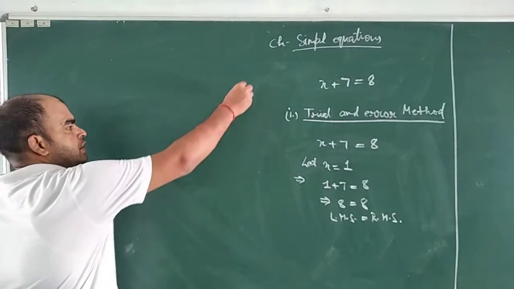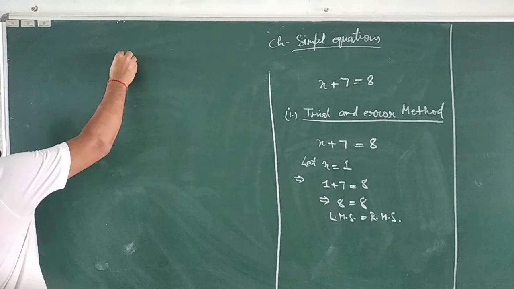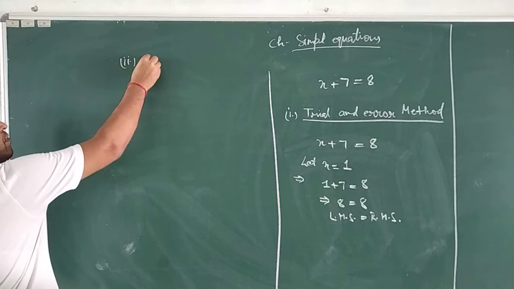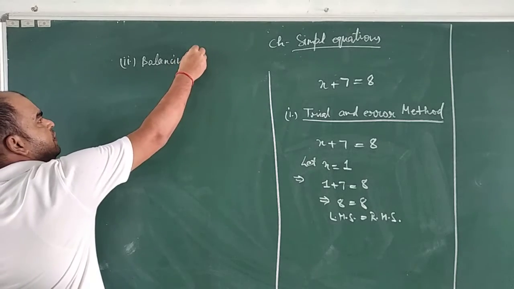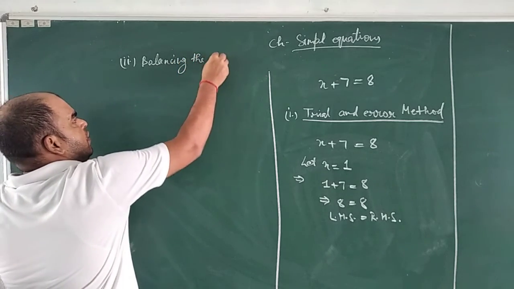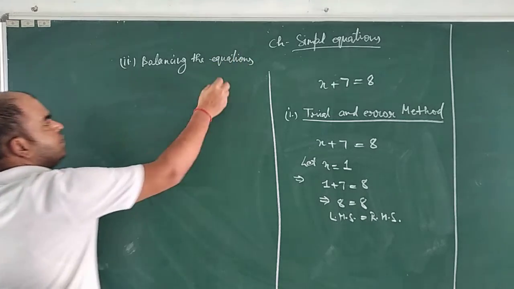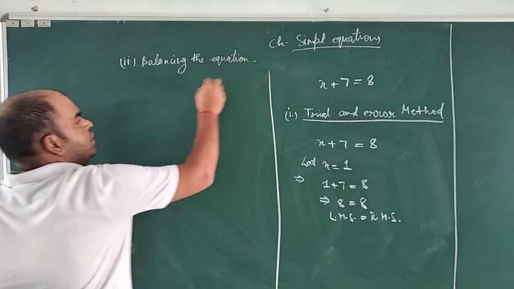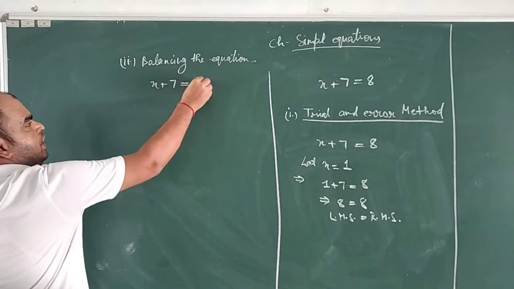The second method is the balancing method. Balancing the equation. See, the equation is given: x plus 7 equal to 8.